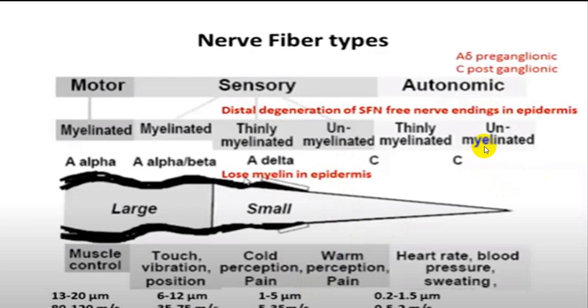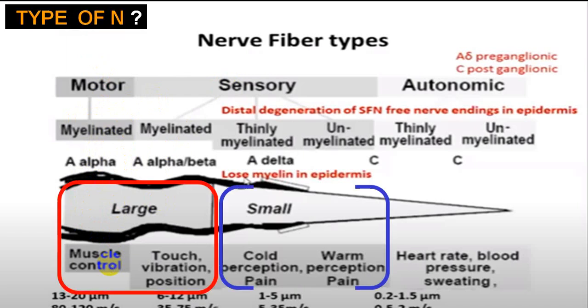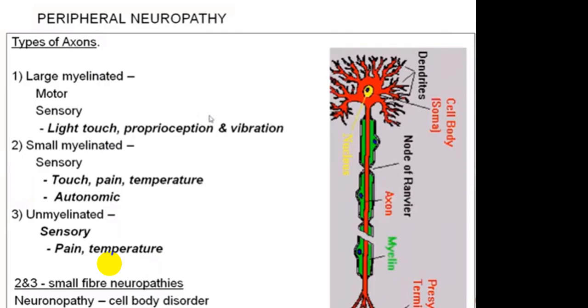And these fibers, the autonomic nervous system, are always unmyelinated, so the chance of recovery is very, very negligible. Hence, usually they are irreversible damage. While with motor fiber involvement and sensory fiber involvement of the posterior column, the chance of recovery is more because they are thickly myelinated fibers. So the chance of recovery is better. The same thing is shown here.